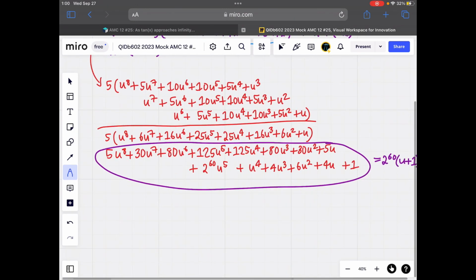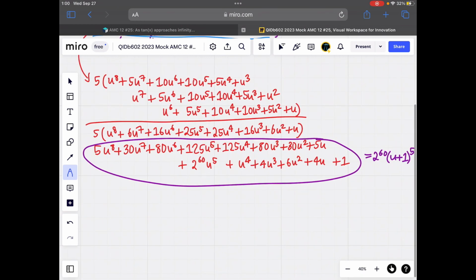So now let's put this expression in simplest form by combining all the terms of the same degree in u. So we have 5u^8 + 30u^7 + 80u^6 + 125u^5.